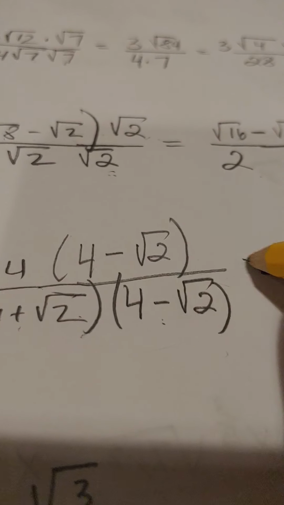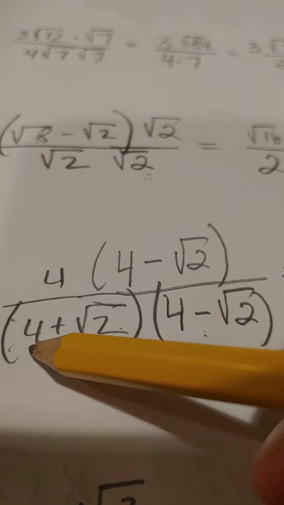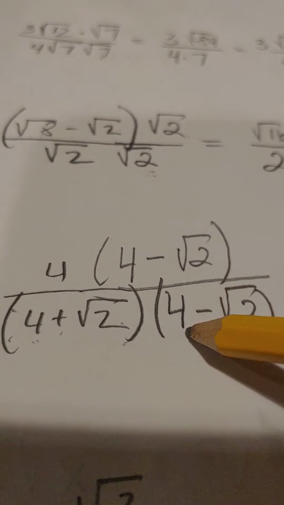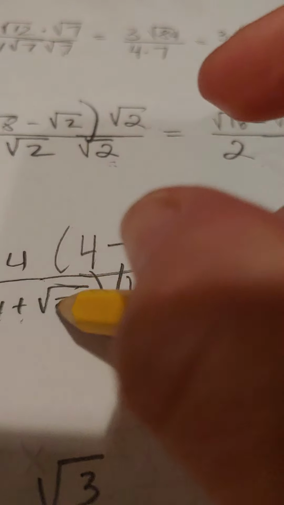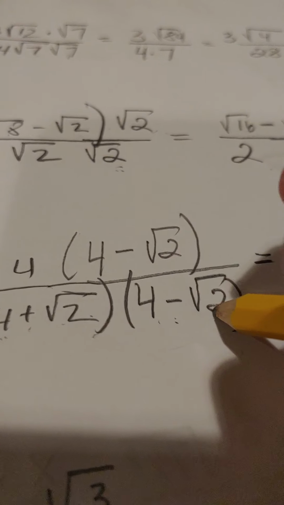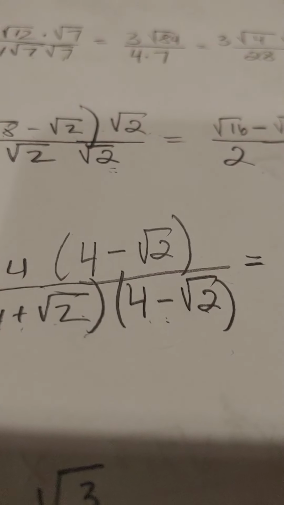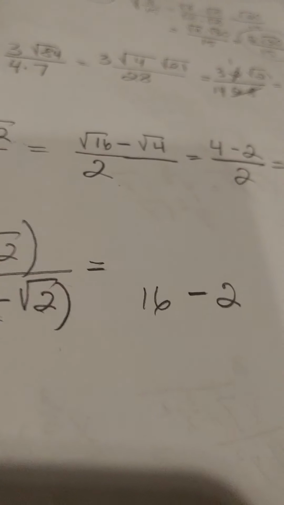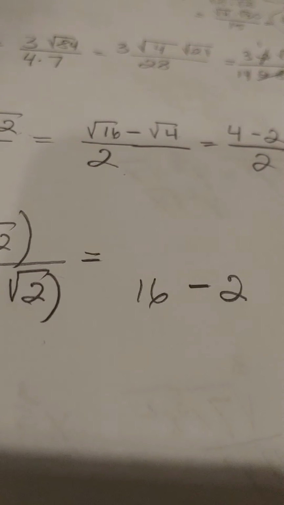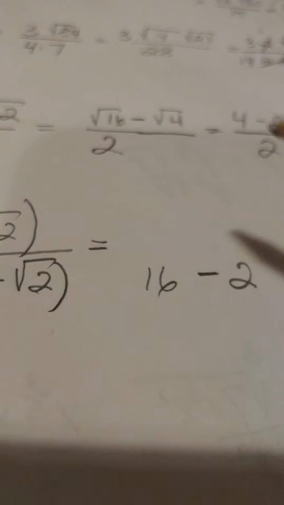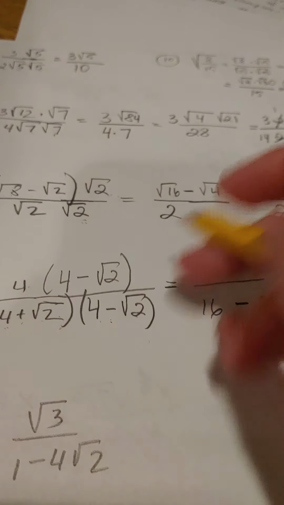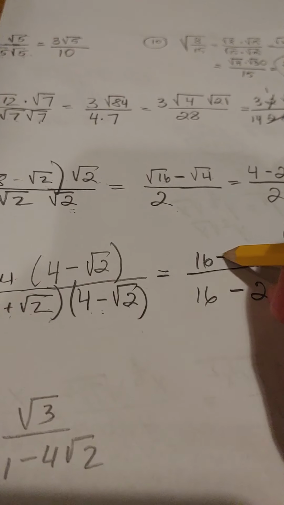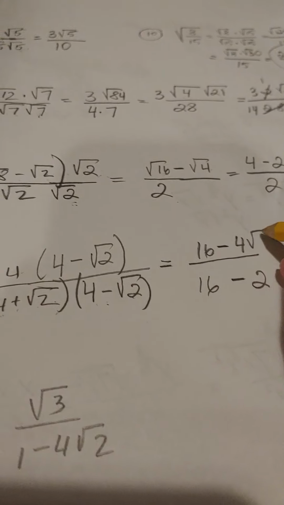The result here will be 4 squared, which is 16, minus square root of 2 squared, which is 2, because square root of 2 times square root of 2 is square root of 4. Square root of 4 is 2, so it's minus 2. Here, 4 times 4 is 16 minus 4 square root of 2.